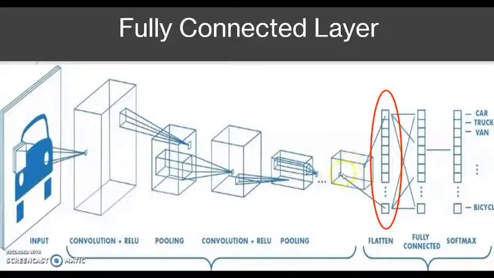So we flatten the pooled feature map into a sequential column of numbers, which is a long vector, as indicated here inside this red circle. And this can be done in one line of command in PyTorch, as we will see later.